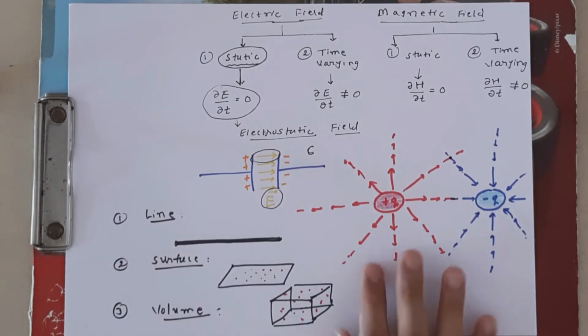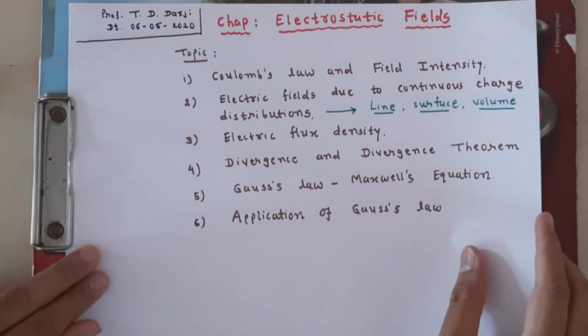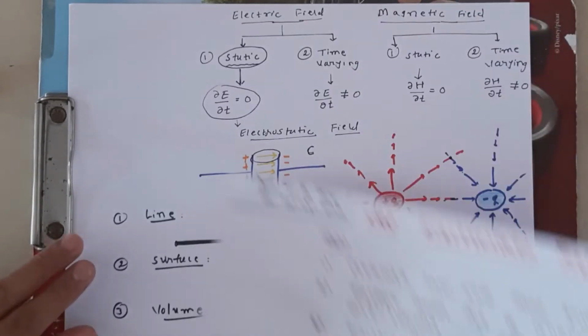Clear? Okay, so now let us discuss our first topic, which is Coulomb's law and electric field intensity.